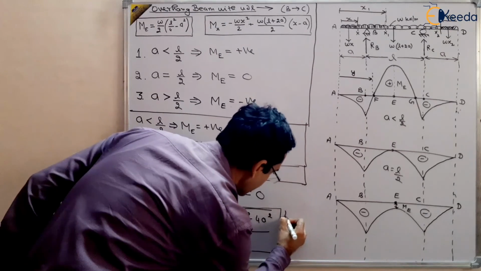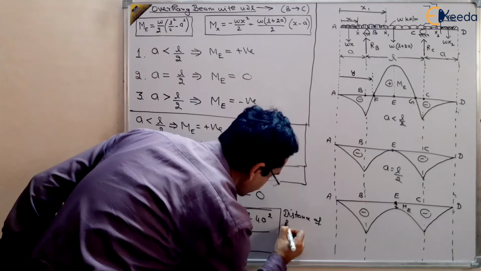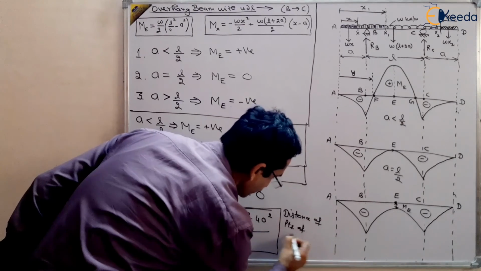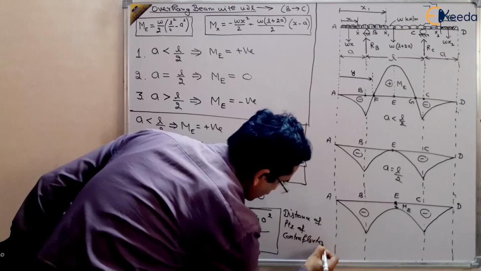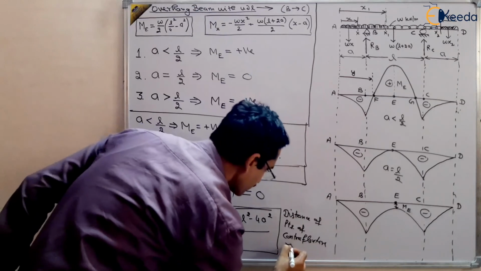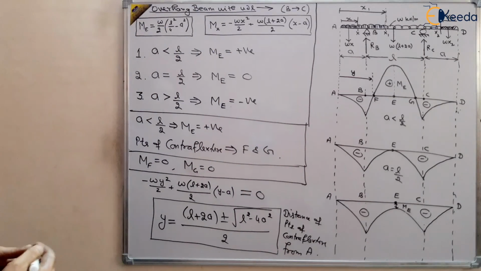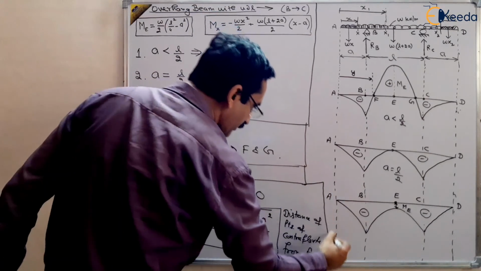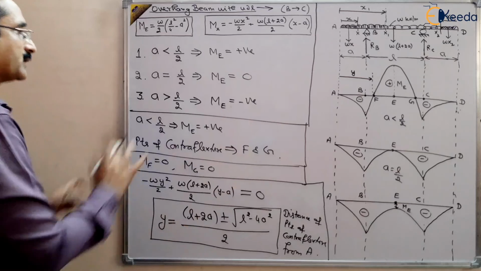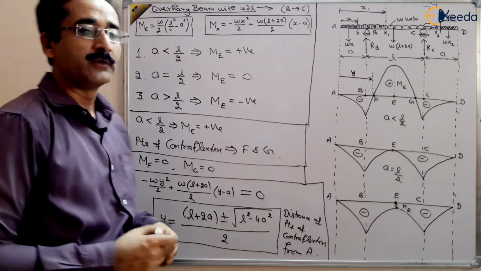So this is the distance of the points of contraflexure from A. We are taking it from one of the free ends, from A, right? So by this you can solve all the related topics of this case, overhang beam with UDL.